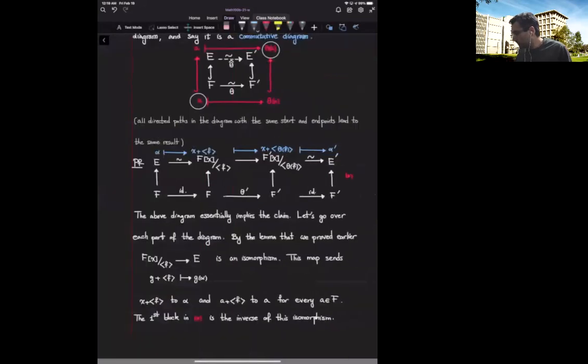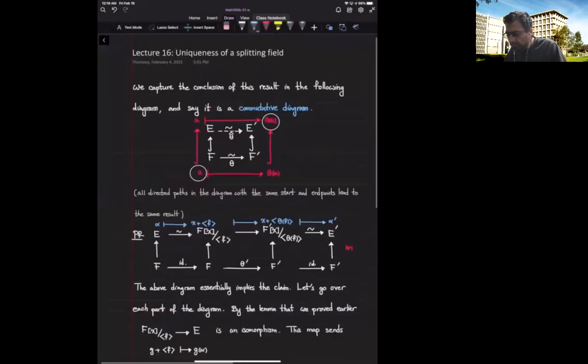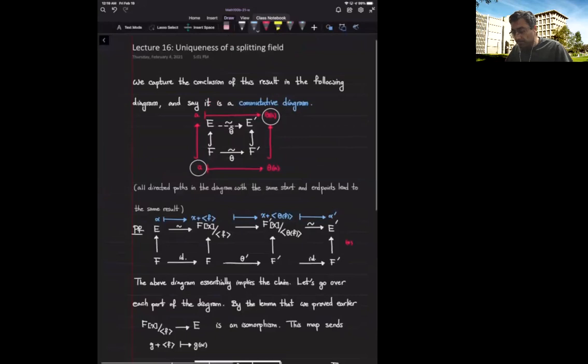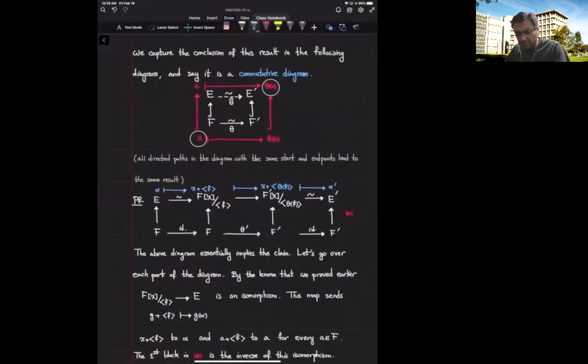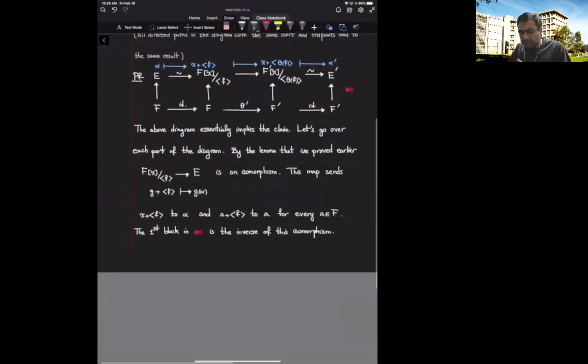Okay, so why do we have this? This is exactly the commuting diagram that I discussed earlier. Essentially this diagram is going to capture the argument completely. So let's start with the diagram, and then I'll go through different parts of the diagram carefully.